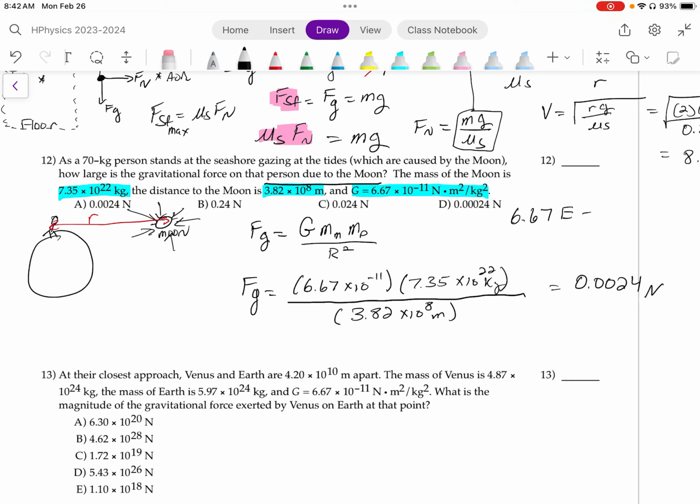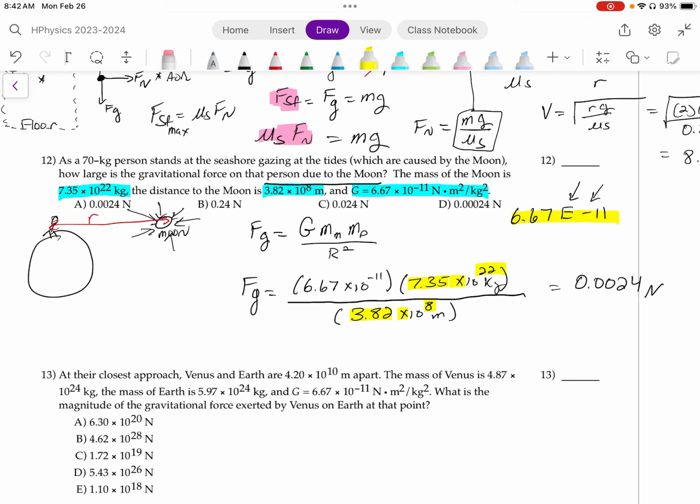So how do I enter 6.67 times 10 to the negative 11? It'll look like this. Make sure this is second function comma, I believe. This right here is not a minus, it's a negative sign. So on those TIs, there is a difference. And now the calculator knows that this is one number. Same thing here, 7.35, second function comma will give me E, then I'll plug in 22, then I'll hit divided by 3.82, second function comma, which gives me E, and then I'll plug in the number 8.